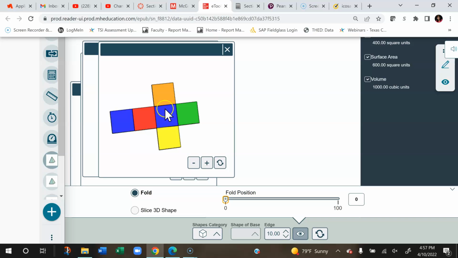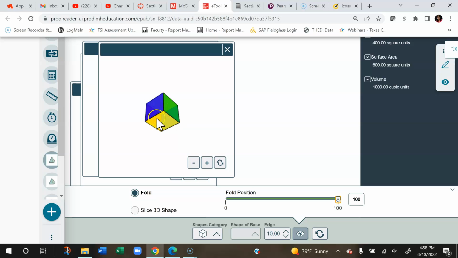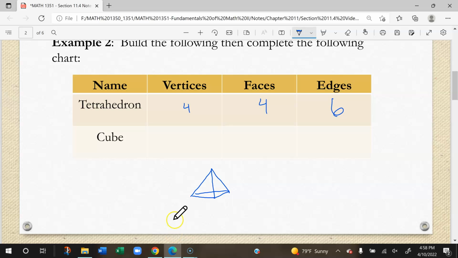We have 1, 2, 3, 4, 5, 6 faces. Then if we think about the number of vertices, I'm going to put this back together. Okay, so the number of vertices, we've got 1, 2, 3, 4, 5, 6, 7, 8 vertices. So we have 8 vertices and 6 faces.